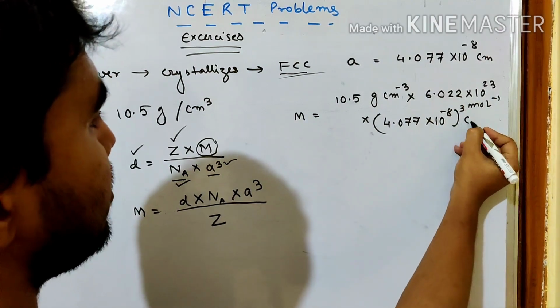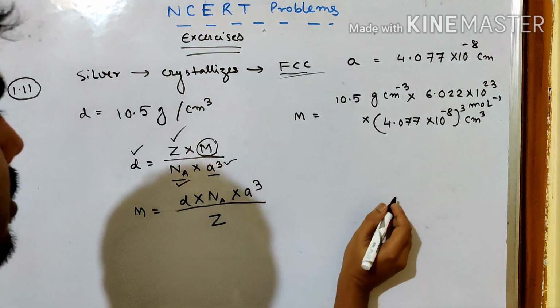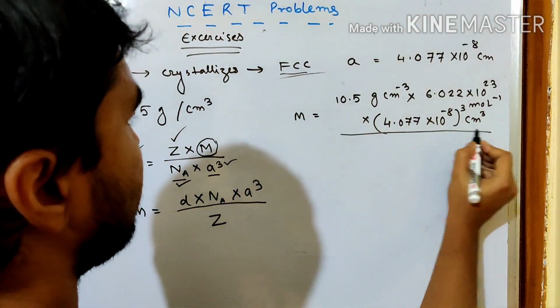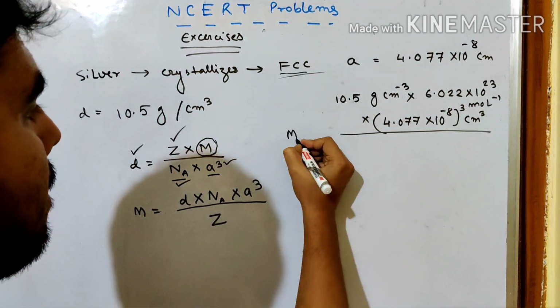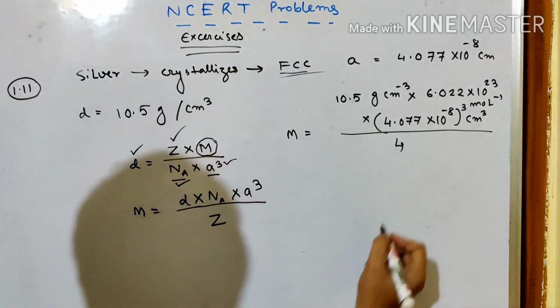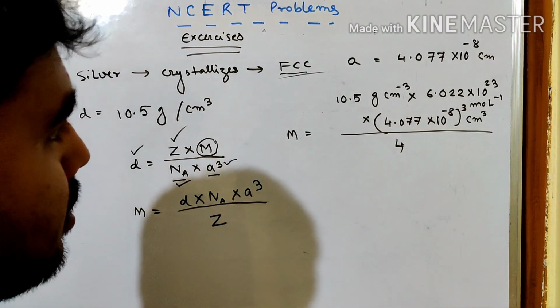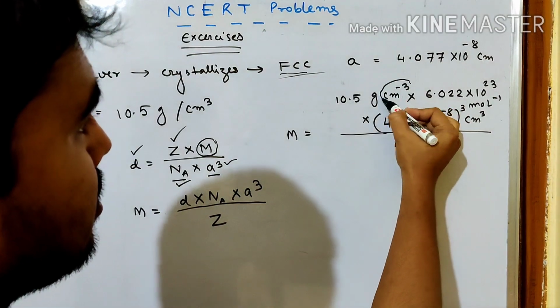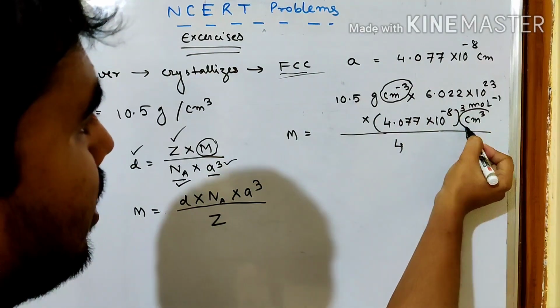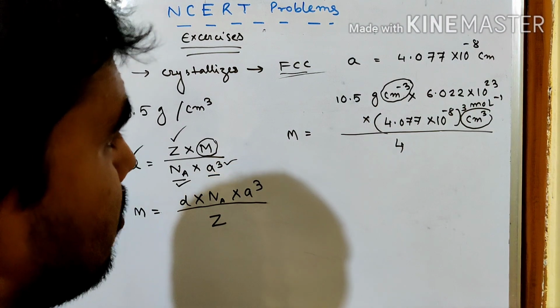It should be centimeter cube actually, divided by Z, that is 4, which is unitless. It is FCC, that is why it is 4. Now here you can see this much and this one will cancel out.